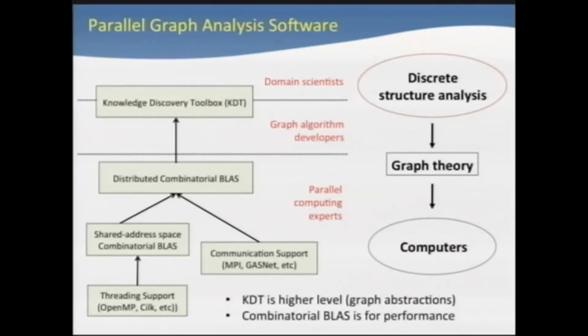So what you want to do is to create an ecosystem that enables them to advance their pieces of these things independently from each other. And we think this is actually an ecosystem that does that. If you have a high-level language that gives primitives for the graph algorithms to use to write new graph algorithms and expose them to the domain scientist, this actually takes care of both of them.